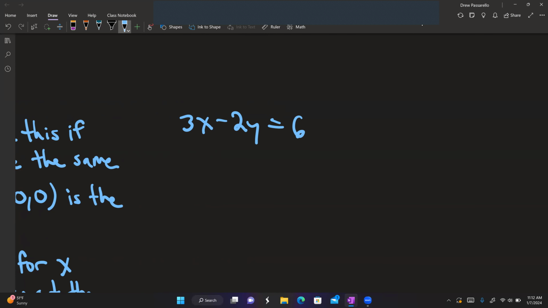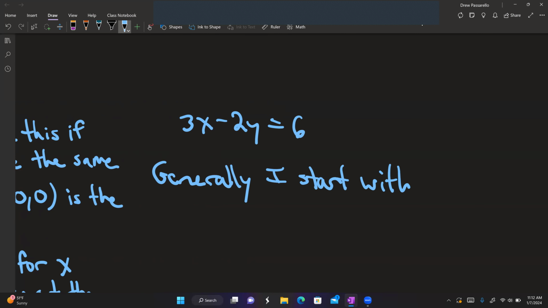Generally, I start with x equal to 0 and x equal to 1. And then see what happens, and hopefully the y values are whole numbers.